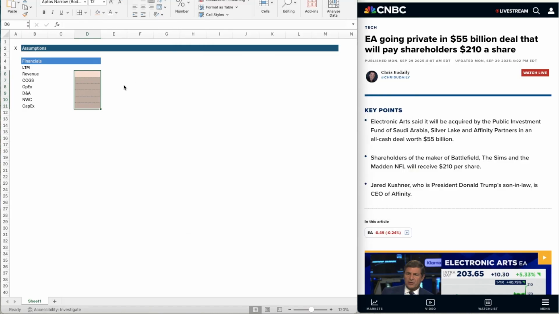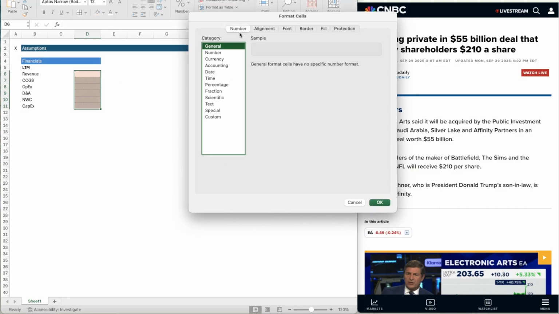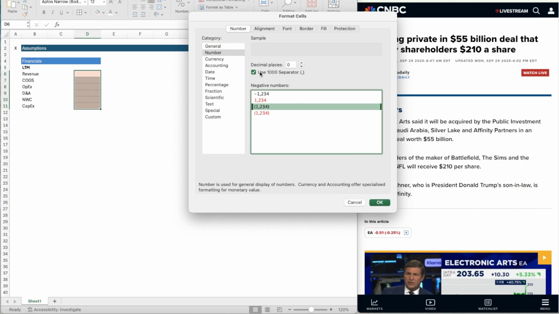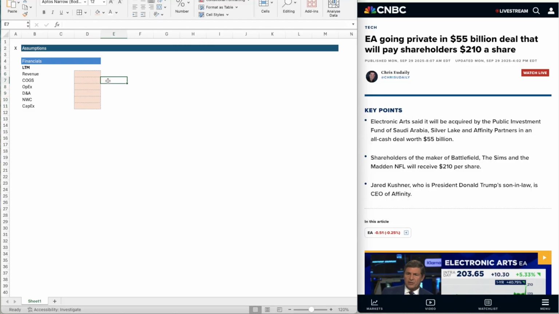Actually, let me just format the number as well. Always put the thousand separator on, and I usually use brackets for negative numbers. I think most people do. It just looks a lot cleaner. We'll come back to this in a second, because we're going to take them from Yahoo Finance.